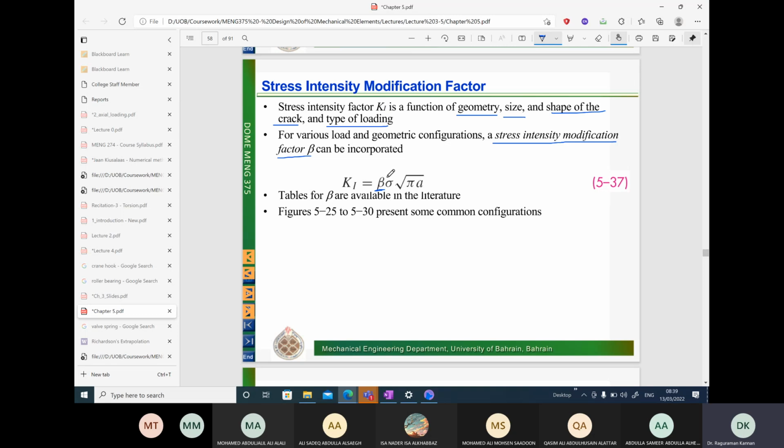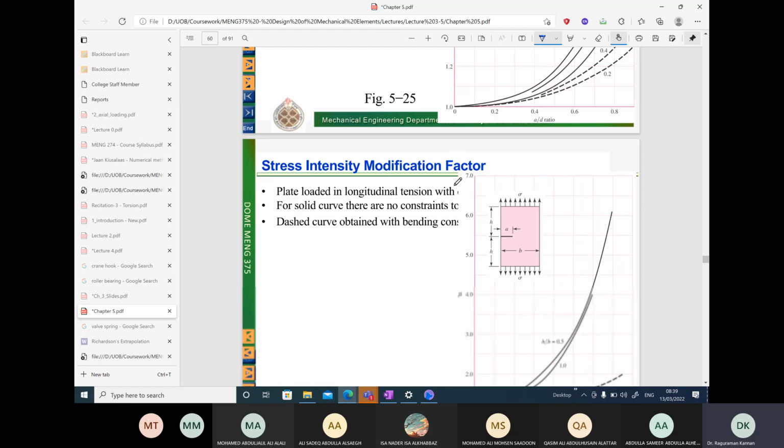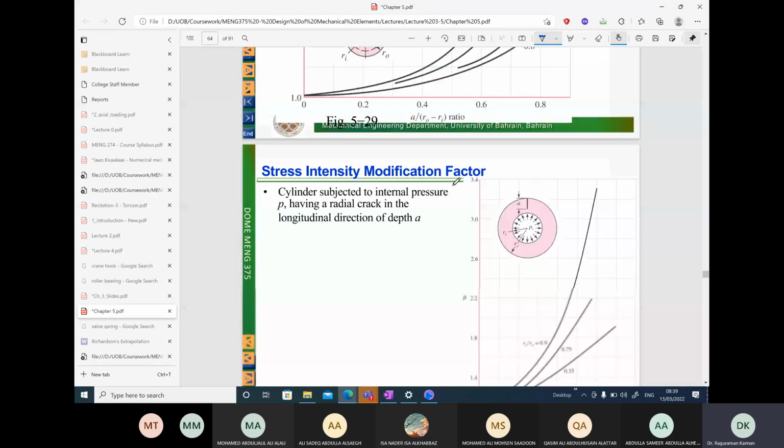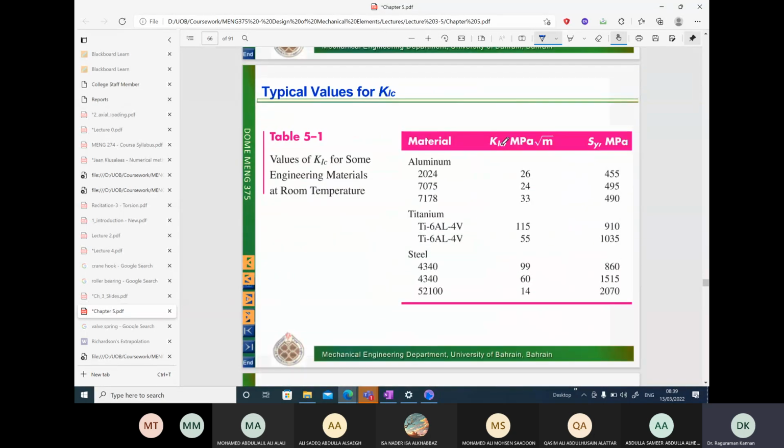So KI has the unit megapascal root meter, and that is the same unit we have for critical stress intensity factor, or fracture toughness, KIC. Typically for 2024 aluminum, a very commonly used material, you have different values. For titanium you have higher values, and in the case of steel you can see intermediate values.